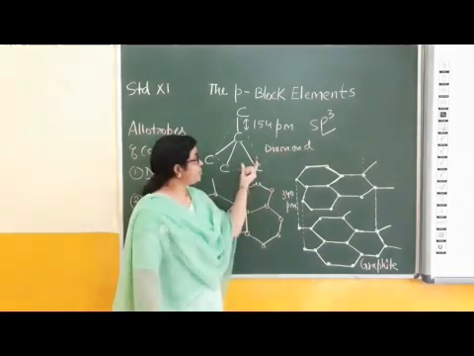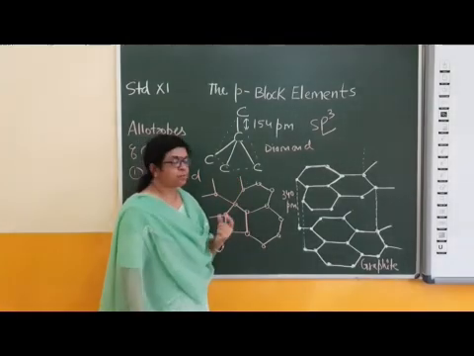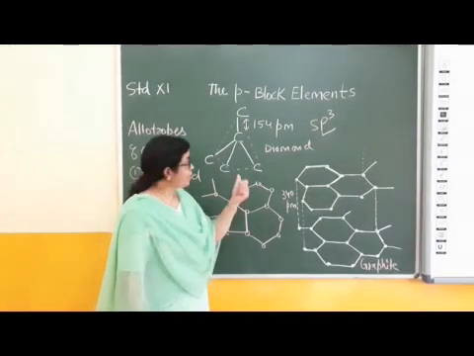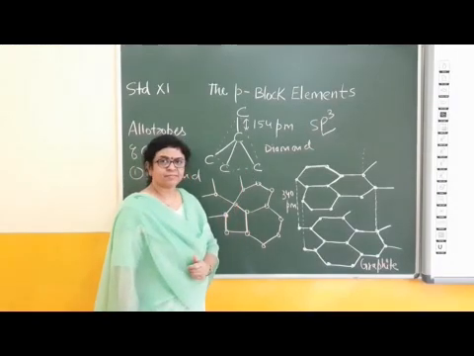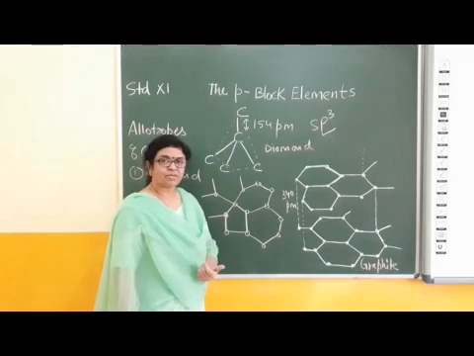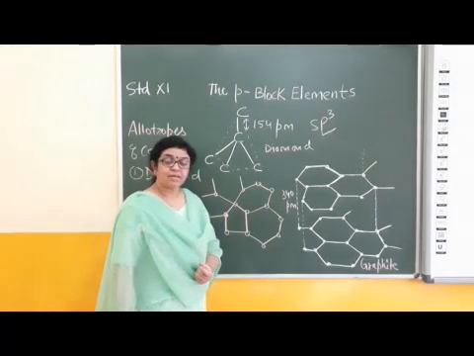Next feature of the diamond allotrope of carbon: diamond is a poor conductor of heat and electricity, due to absence of free electrons. Free valence and valence electrons are absent.